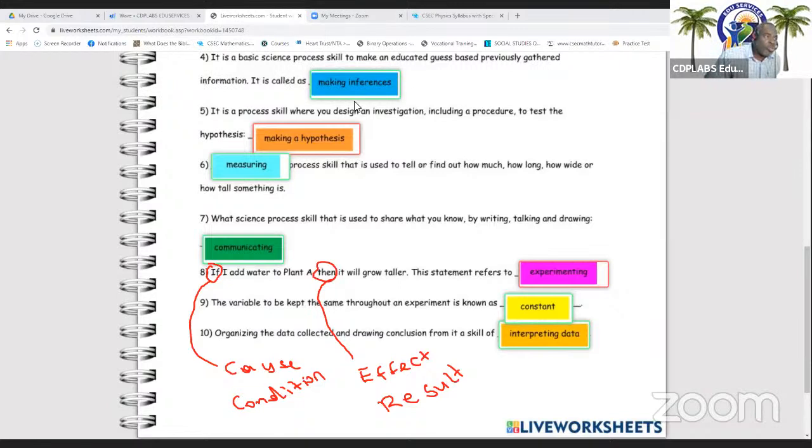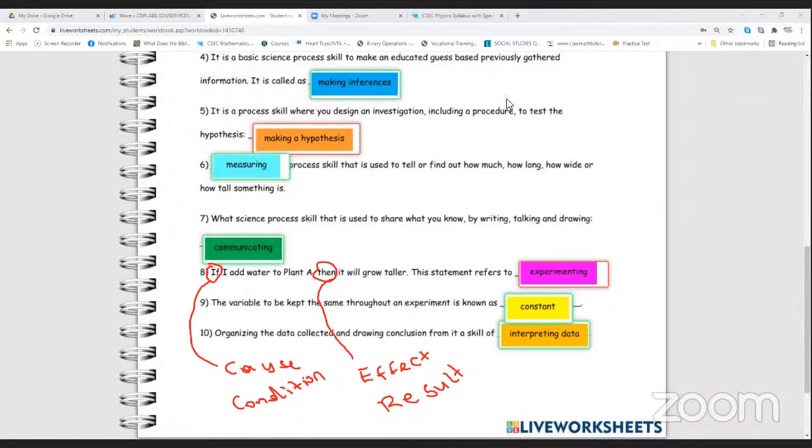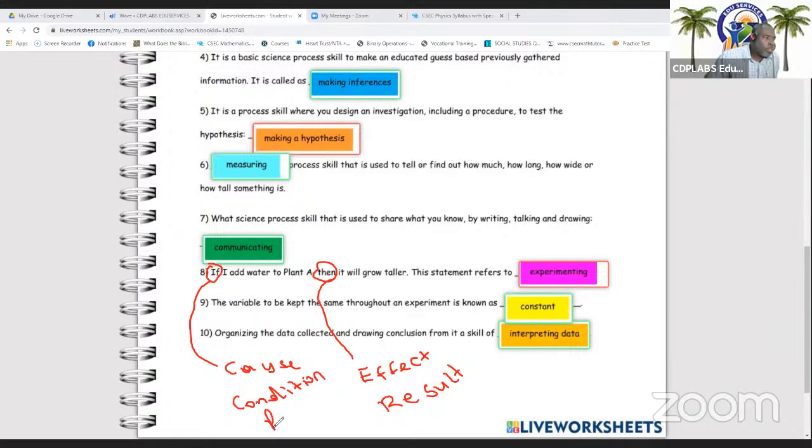Good. So we could also use the word reason in that as well. Add the word reason to that list. Reason: why something happened.